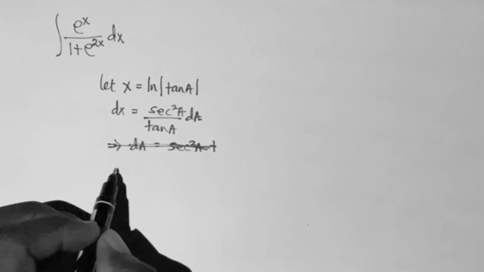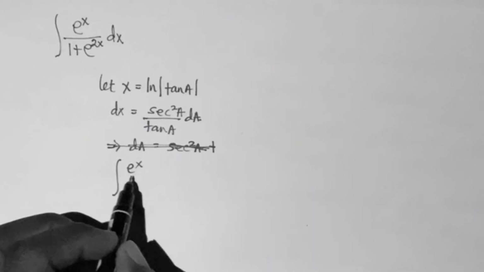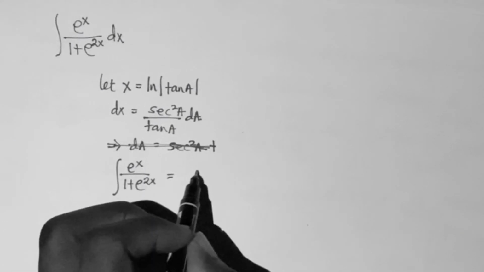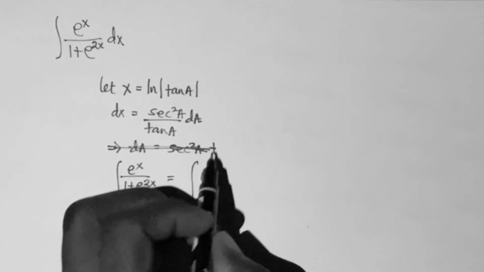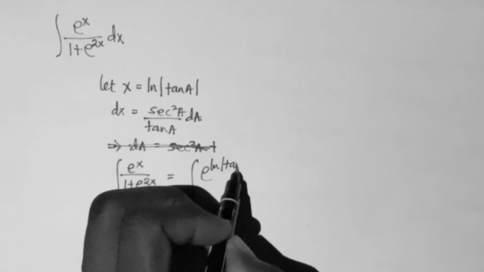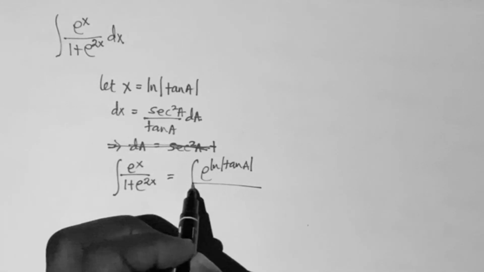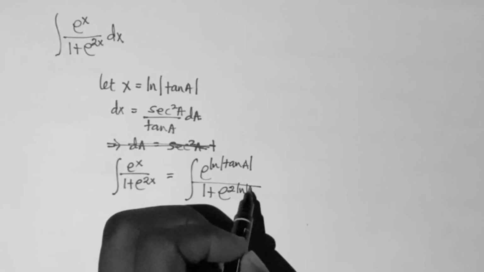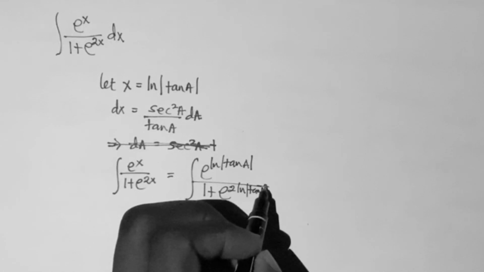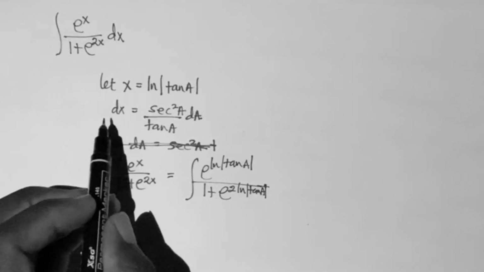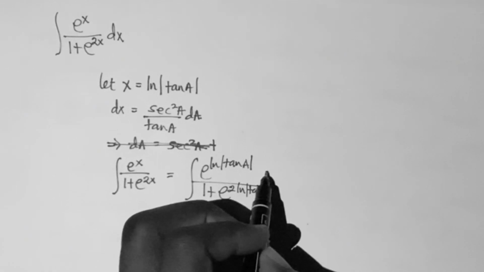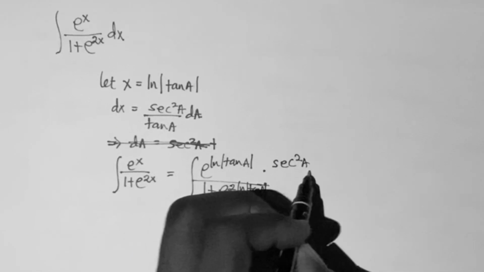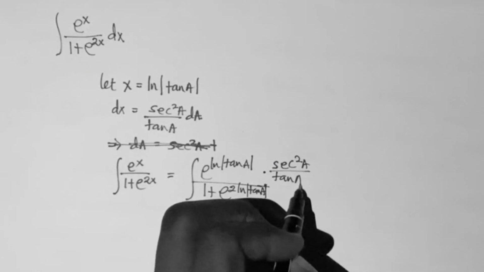So the integral of exponent x divided by 1 plus exponent 2x is equal to the integral of exponent x, which is now natural log of the absolute value of tan a, divided by 1 plus exponent 2 natural log of the absolute value of tan a. Then dx is sec squared a divided by tan a dA.